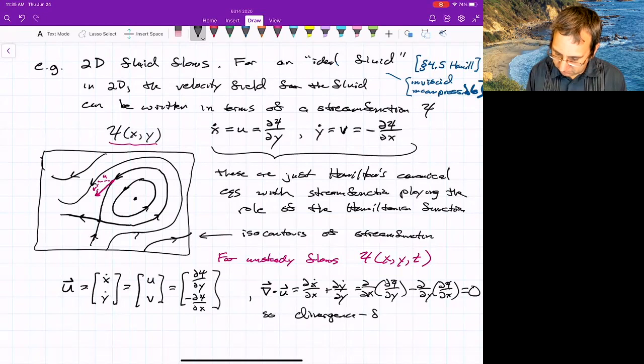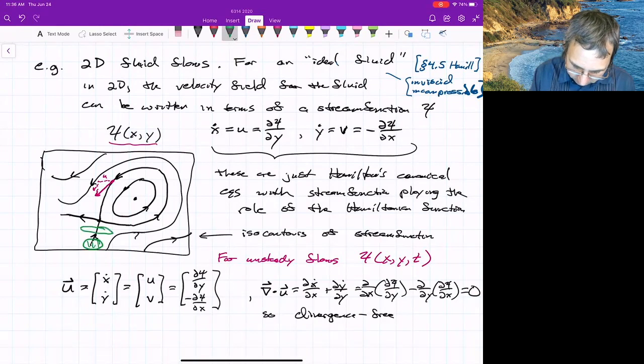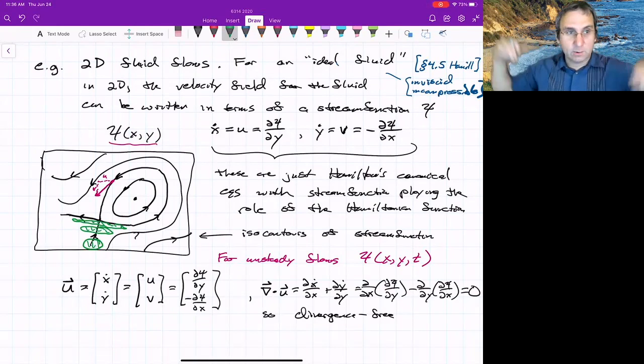So divergence free, incompressible, right? Blobs, if I had an initial blob, I'm not sure what color to make the blob. Here's a blob. Well, it's going to have to maintain. And so this blob that I chose is just going to get stretched out along that one contour.